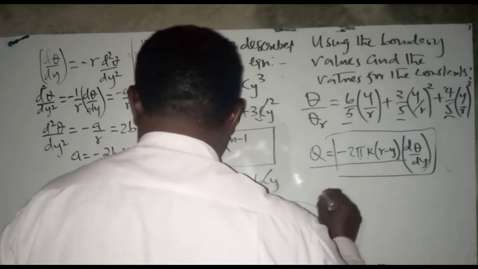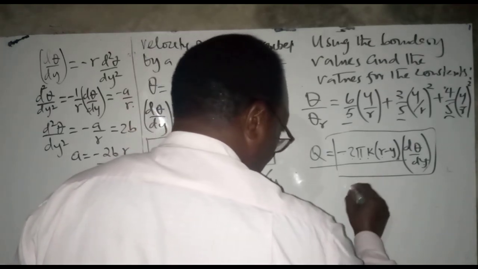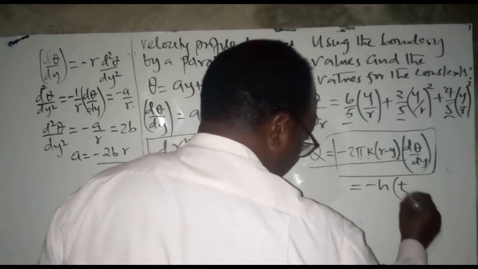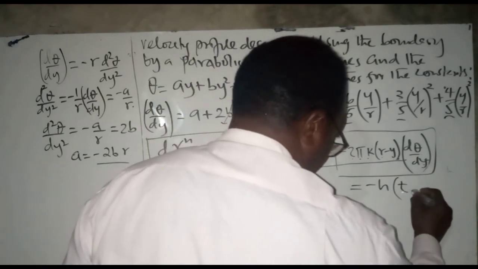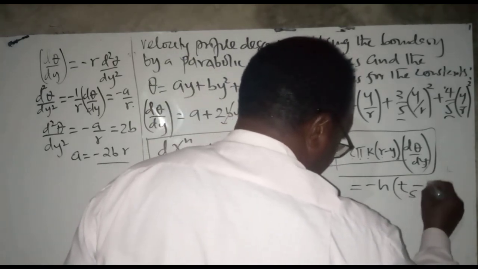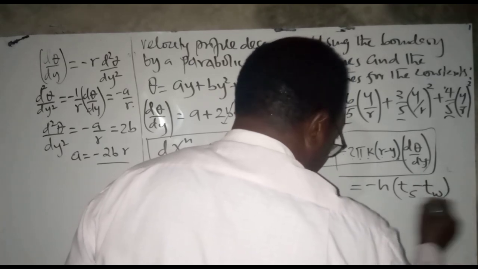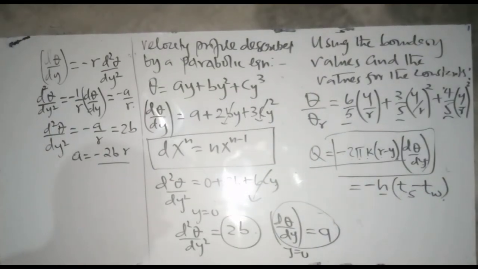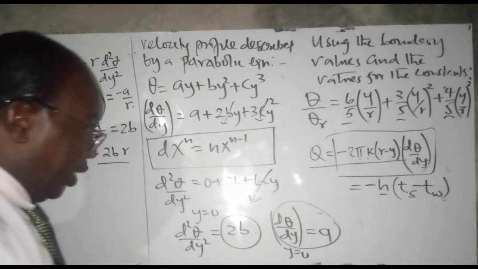So we have here Q being equal to minus H into T surface minus T wall. And remember that was the convective transfer coefficient.